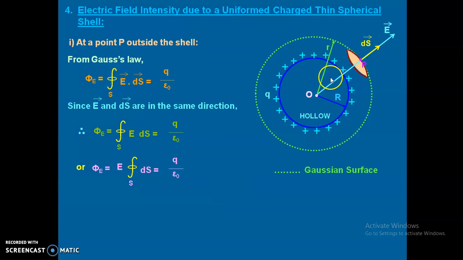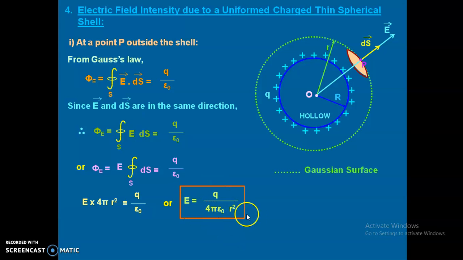And when we integrate this ds, we obtain the total surface area of this Gaussian sphere. So E into 4 pi r square, remember here it is small r because we have integrated the area of this Gaussian sphere, is equal to q upon epsilon naught, or E is equal to q upon 4 pi epsilon naught r square.